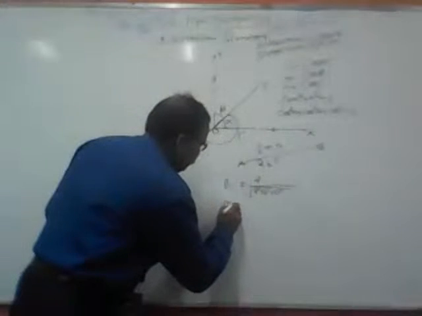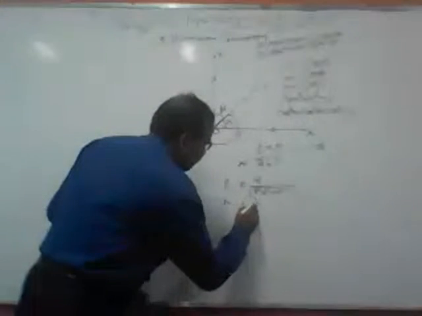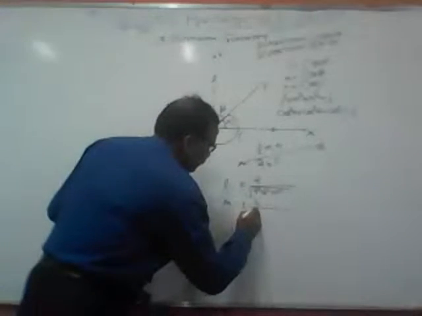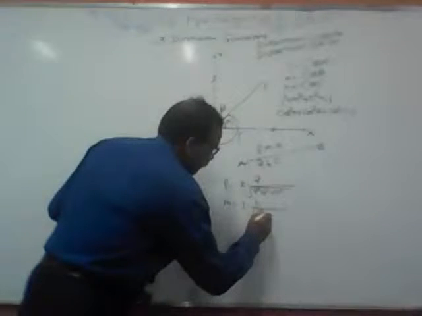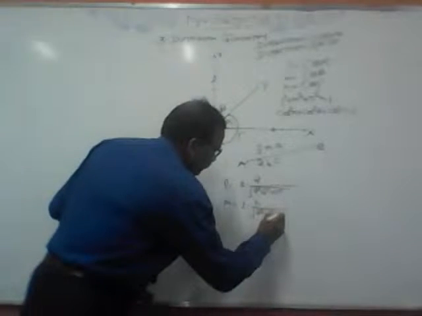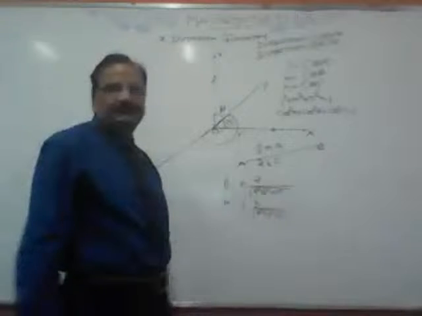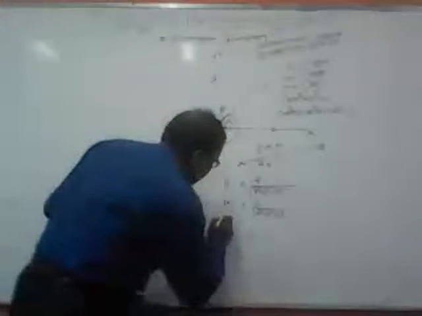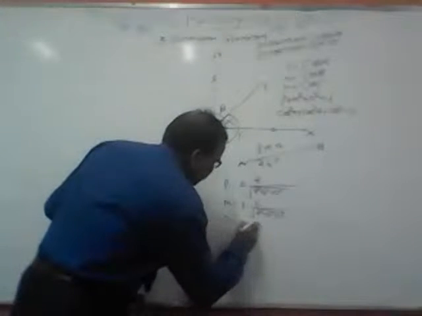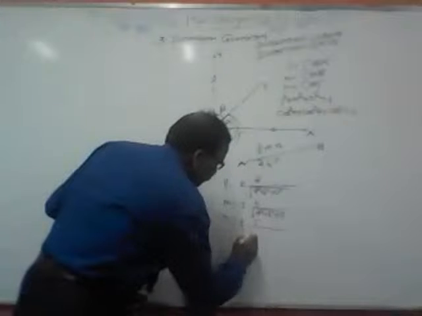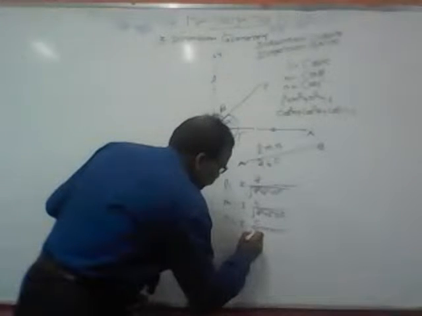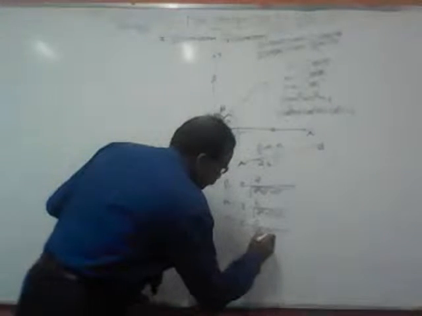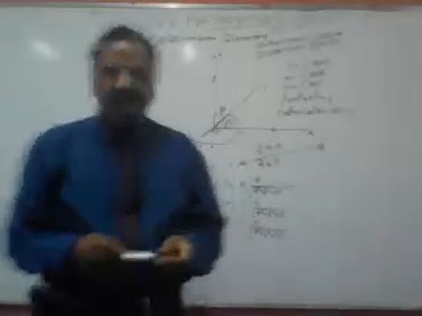M is equal to plus minus b upon under root a square plus b square plus c square. And N is equal to plus minus c upon under root a square plus b square plus c square.